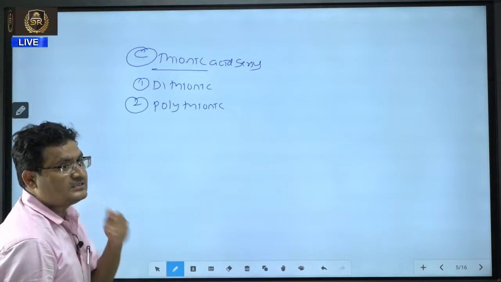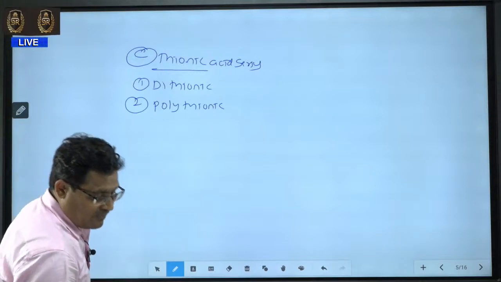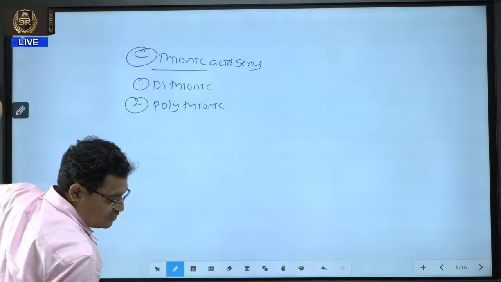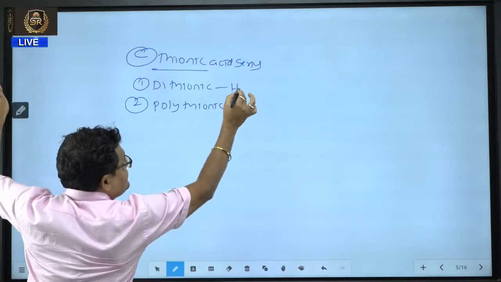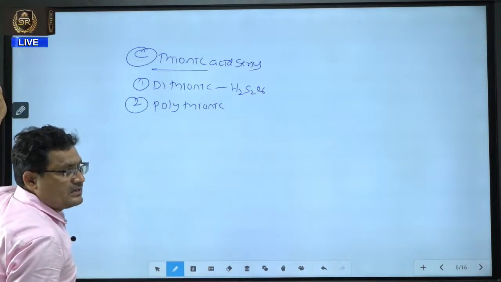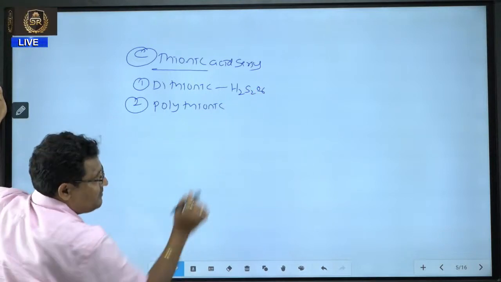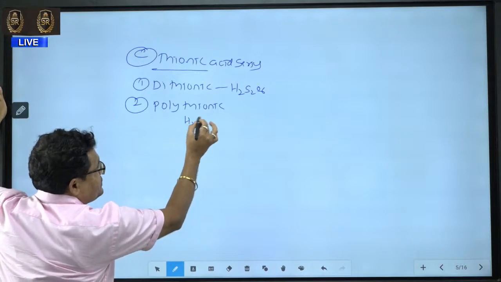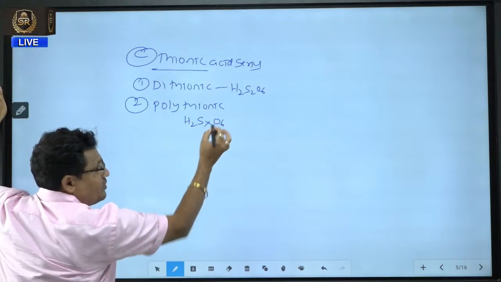So what is the dithionic formula? Its dithionic formula is H2S2O6. Polythionic is the same thing, but here X is formed, that is nothing but H2SXO6.